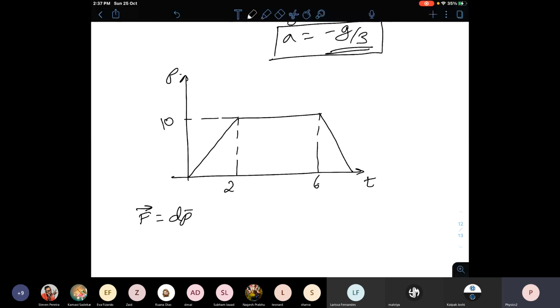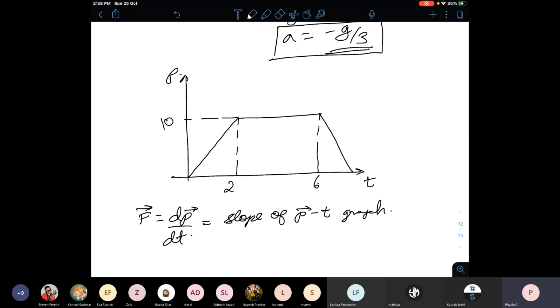Force is defined as dP by dt. Whenever I write dP by dt, it represents the slope of the P-t graph, which I was going to discuss in differentiation.